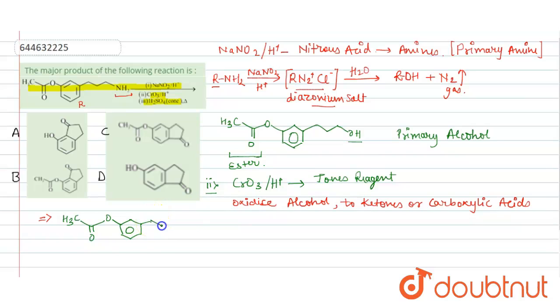Hence, after this reaction with CrO3/H plus, or Jones reagent, we will get the final product with the ester part and the complete ring part intact.